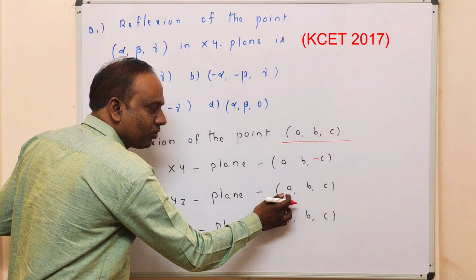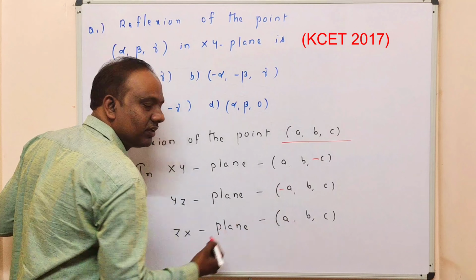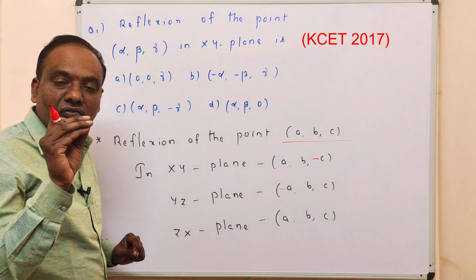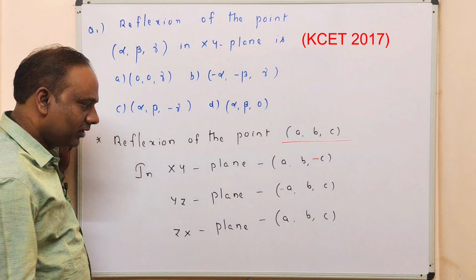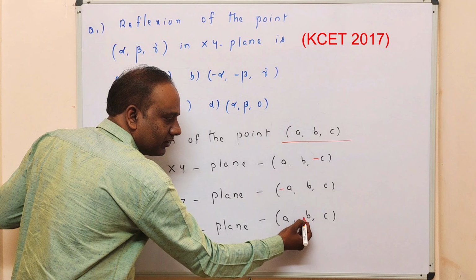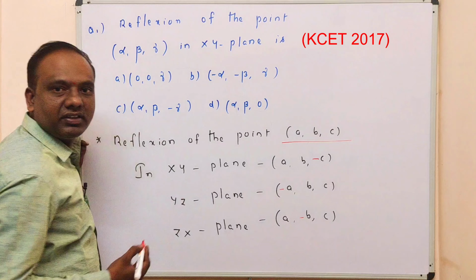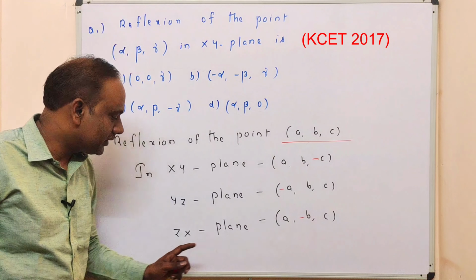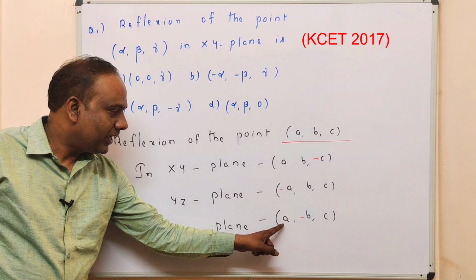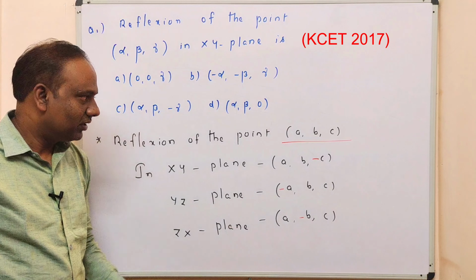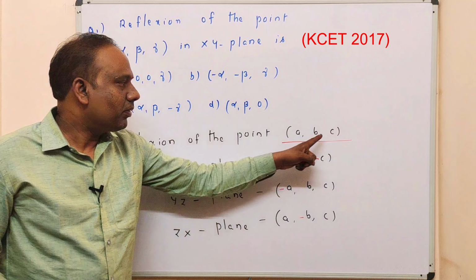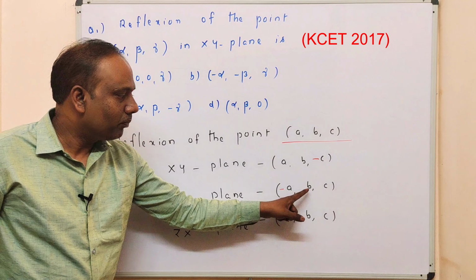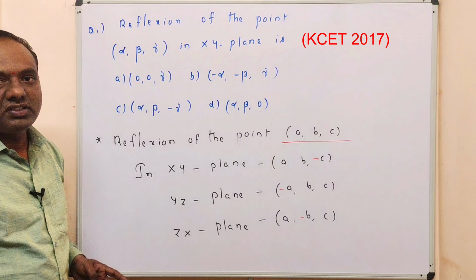So it is the X coordinate, this sign only changes. In the ZX plane, only the Y coordinate sign changes. Here it is the Y coordinate. That's it. That means the reflection of the point A, B, C in the ZX plane is A, minus B, C. The reflection of the point A, B, C in the YZ plane is minus A, B, C.